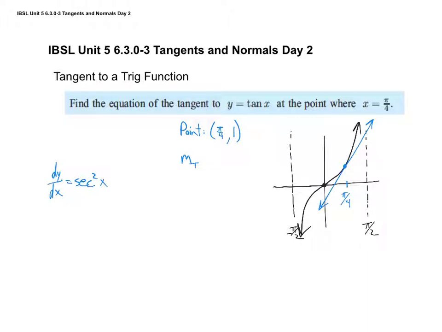And if we're doing secant squared at the point where x is pi over 4, that's 1 over cosine squared of pi over 4. We already said that the cosine of pi over 4 is root 2 over 2. So I have now 1 over root 2 over 2 squared.